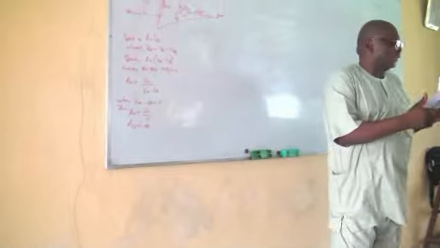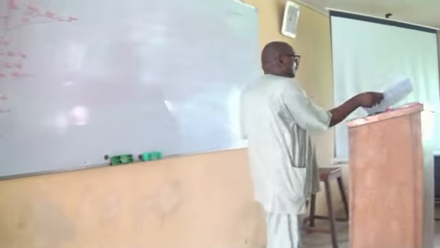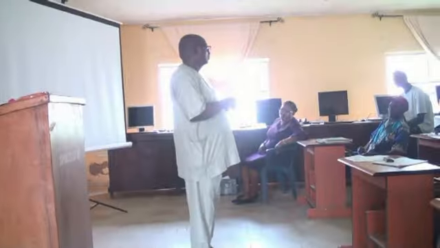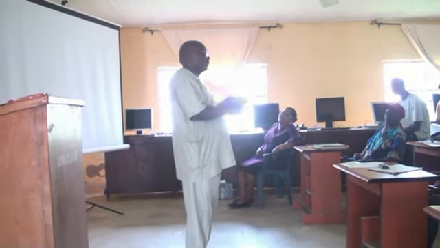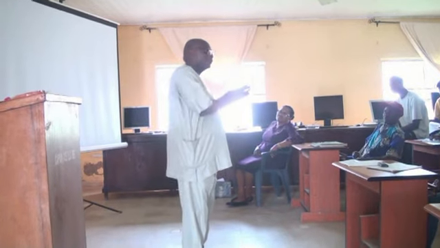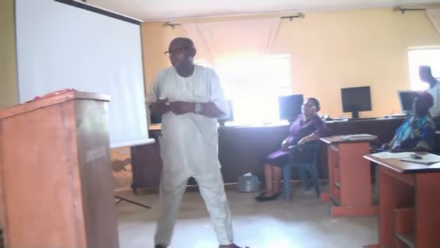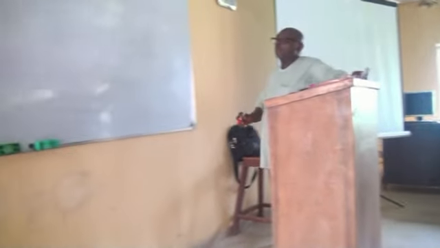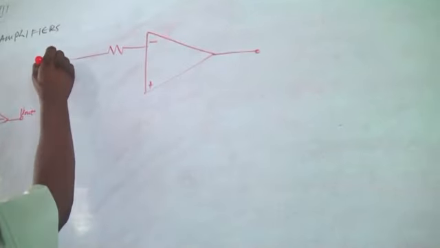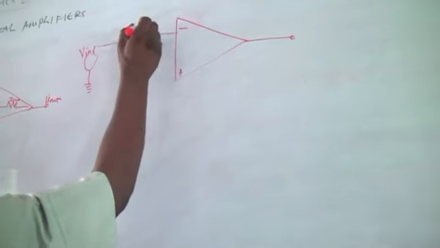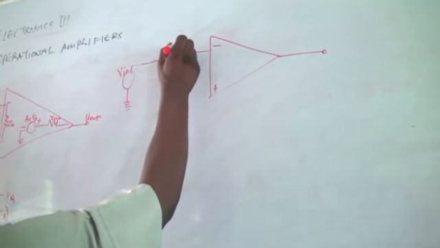Let me ask this question. An inverting amplifier, what does it do? If an amplifier is an inverting amplifier, the waveform of the output will not be the same as the input. But if it is non-inverting, it will be the same. So, let me draw the diagram and show you how this voltage input, are you getting me?